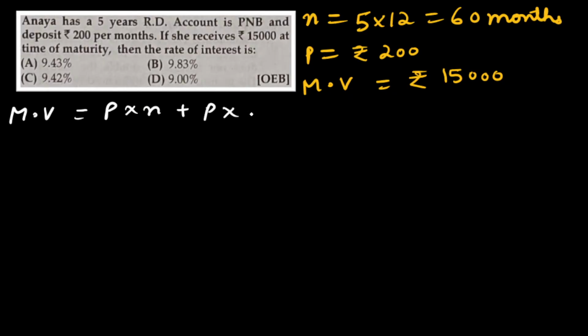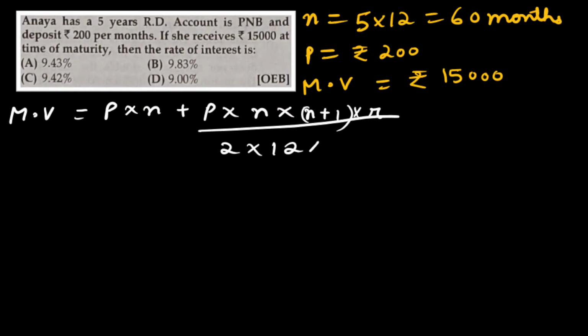So P into N plus 1 into R by 2 into 12 into 100. So I have written I's formula, MV is equal to P into N plus I, and at I's place I have written P into N plus 1 into R by 2 into 12 into 100.